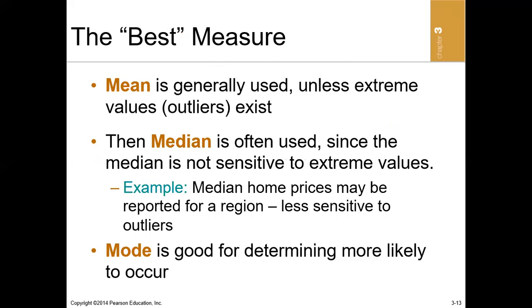Now, what is the best measure? Of course, the best measure of central tendency, first of all, is the mean. Why? Because the mean uses all the figures in calculation. That is why the mean will add all the figures and divide by the number of items.